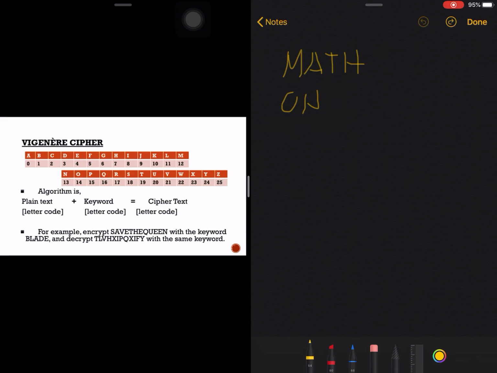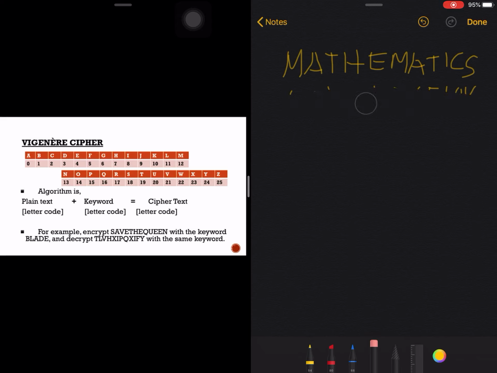Now, what if the word this time would be the entire mathematics? Just to double check if you got the idea, go back to the keyword love. So you just have to repeat the keyword love until all the letters in the plain text will have their pairings. There you go.